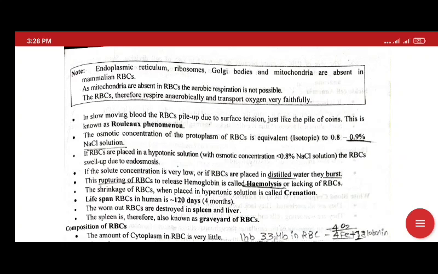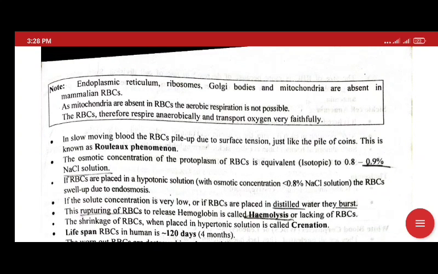ER, ribosomes, Golgi body and mitochondria are all absent in RBC, so it undergoes anaerobic respiration, not aerobic.